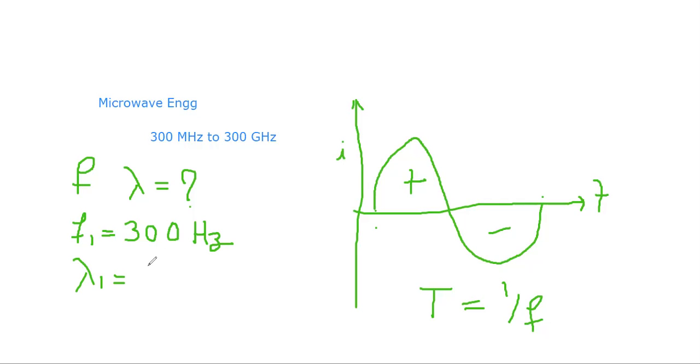So lambda equals, okay, what will be the formula? C by f. C by f. This is the universal formula. So your C equals 3 into 10 to the power 8 meter per second, and whatever the frequency, that is 300 hertz, means 300 per second.